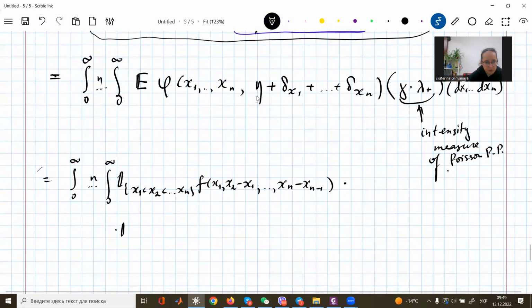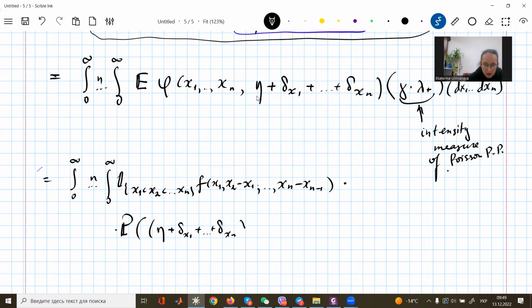So I just write the probability that the measure, I will take it into the brackets, eta plus delta x1 plus ... plus delta xn of the interval (0, xn) is equal to n minus 1.